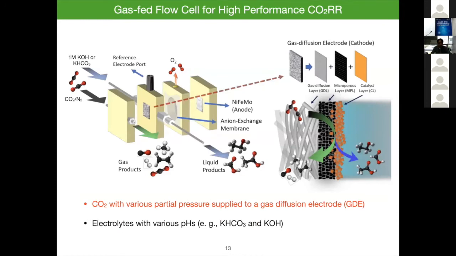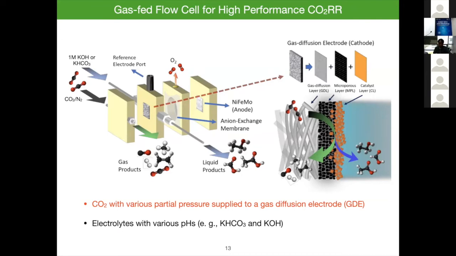based on this idea, we use the gas-fed flow cell for CO2 reduction. In the gas-fed flow cell, it's very similar to the fuel cell system. In the conventional electrochemical cell that Professor Yan showed in the previous talk, you bubble the reactant in the electrolyte.